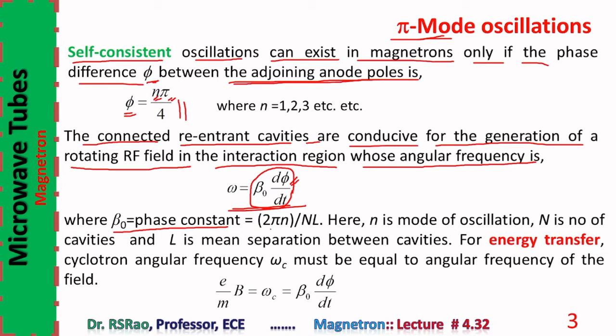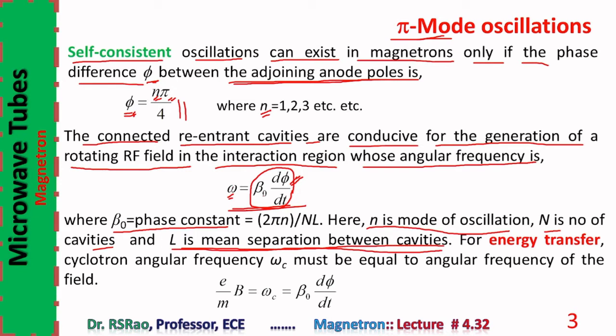Beta naught is 2 pi n by NL. Here n is the mode of oscillation, N is the number of cavities, L is the mean separation between the cavities. One can notice here phi depends upon n, omega depends upon phi, beta naught depends upon the number of cavities and also the mean separation between the cavities.